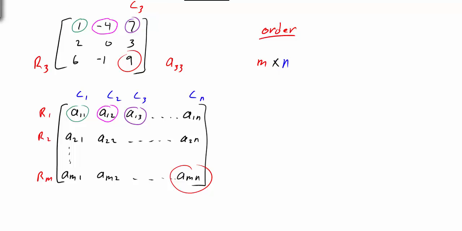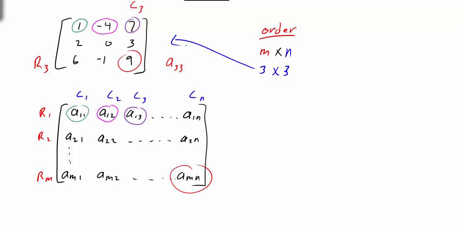So the order of your matrix in this case is called an m by n matrix. For the example given here, we have 3 rows by 3 columns, so this would be a 3 by 3 matrix.